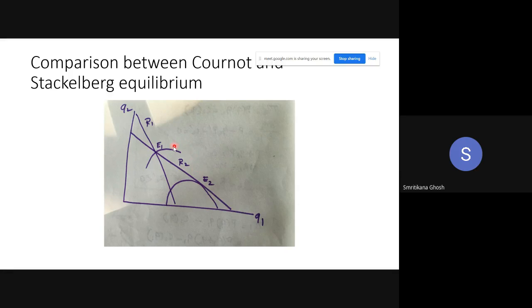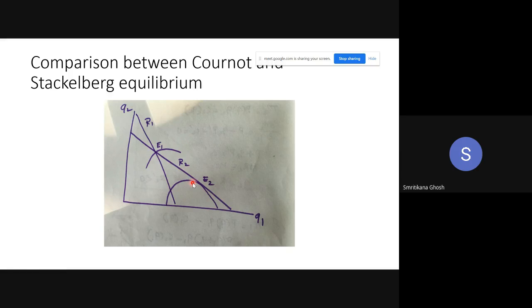Now, if you draw one isoprofit through E1, you can see that the profit of the leader, that is firm 1, under the Cournot is quite less than the profit when he is a leader. Okay, so the profit is increased if you can be a leader, and that is why there is a competition to be a leader.